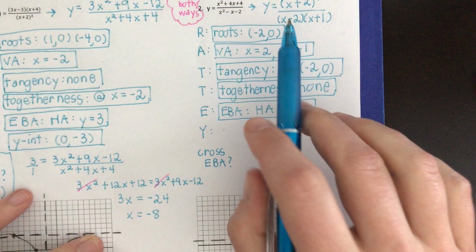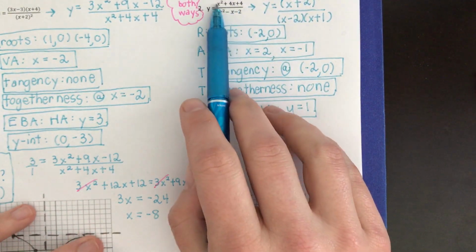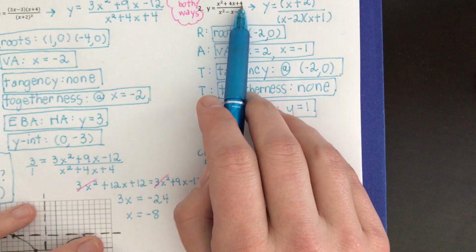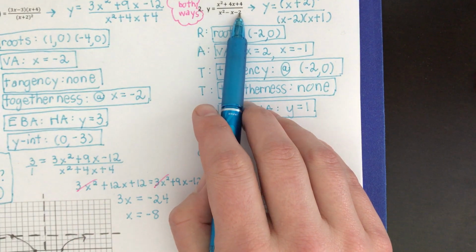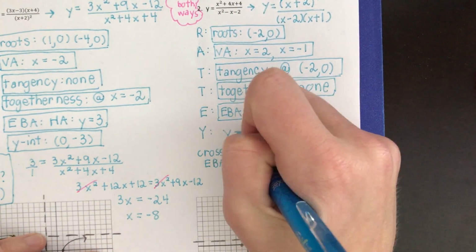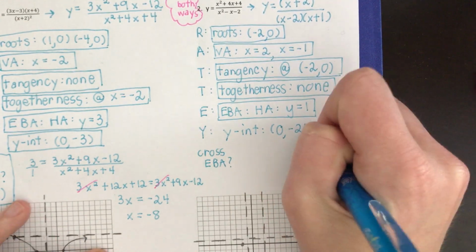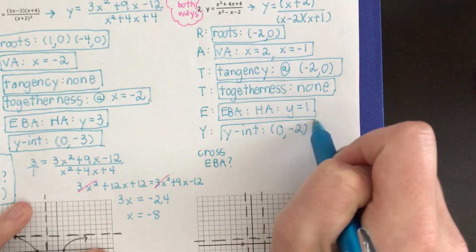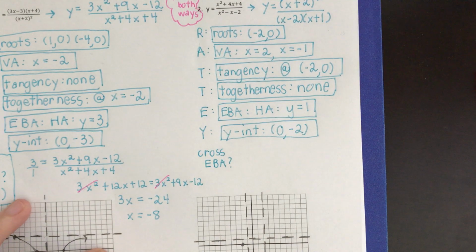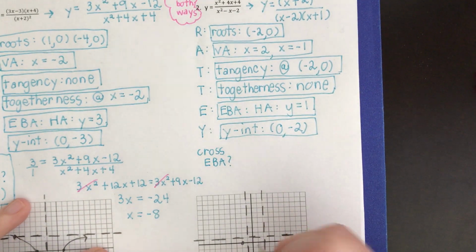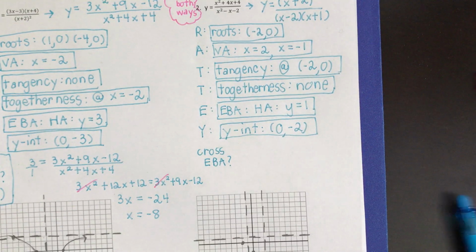Before I write it, let's make sure we have one. Plug in 0 for x. So 0 here, 0 here, 0 here, 0 here. 4 over -2 would be -2. So we do have a y-intercept at 0, -2. So I'm going to plot that 0, -2. Oops, that's -1. I was counting off the asymptote instead of the x-axis.